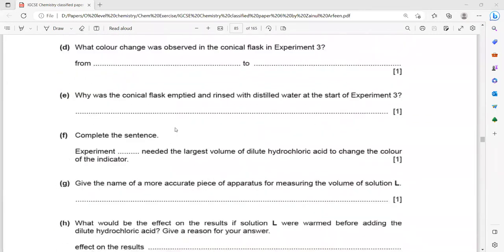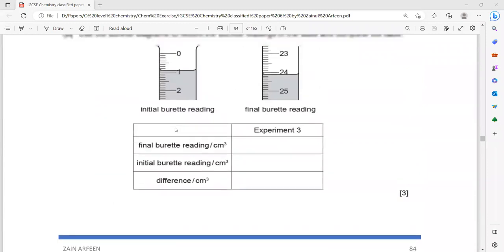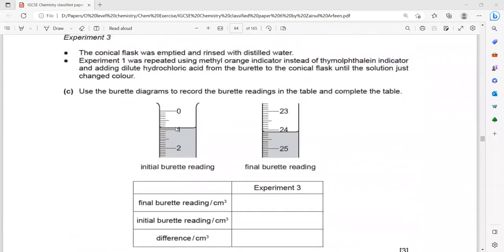Then what color change was observed in experiment 3? Look, in experiment 3 you are using methyl orange. Methyl orange is added into the conical flask. And what was there in the conical flask? The conical flask was filled with sodium carbonate solution, an alkaline solution, Na2CO3. The color change is yellow to orange. Initially, because an alkaline solution is there, you will mention yellow.